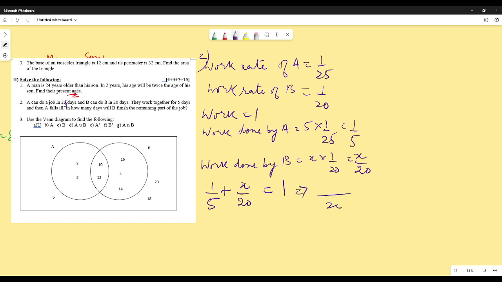The LCM is 20. We get 4 plus 5x equals to 20, right? Now we take this ahead and cross multiply.